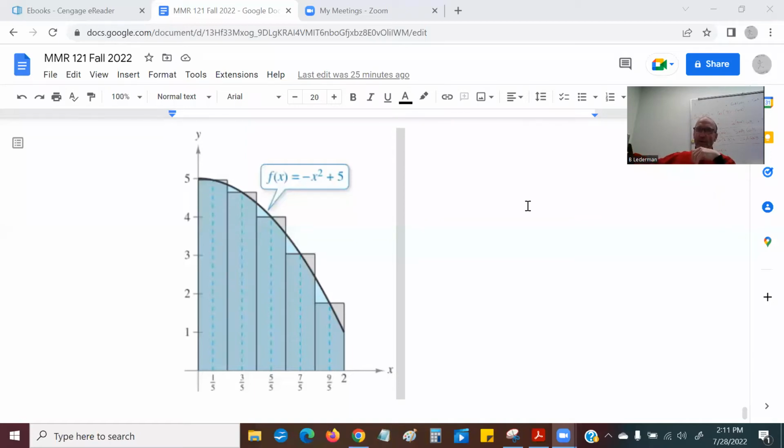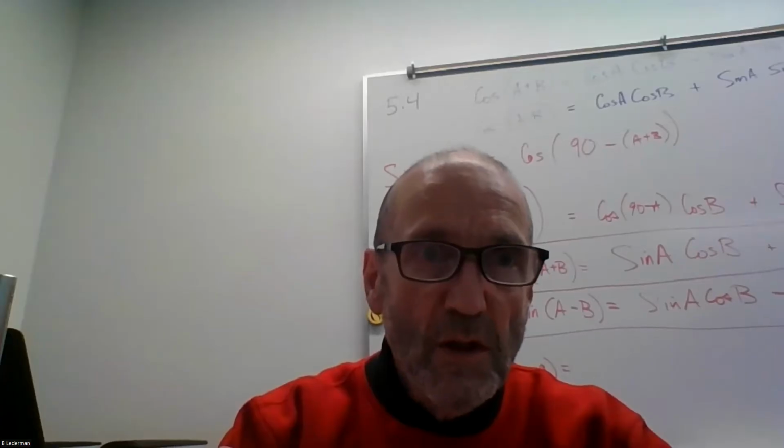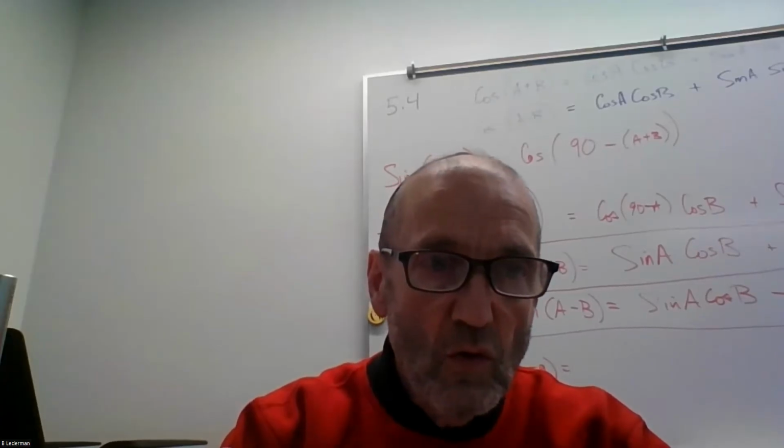Here you see what it's supposed to look like. This is the diagram I'm going to draw, and I'm going to explain each point. Okay, let's get started. Let me stop the share and switch cameras.